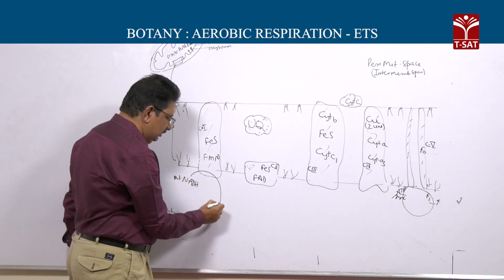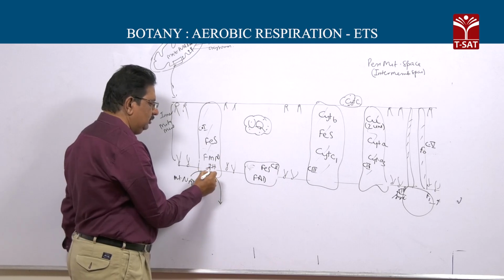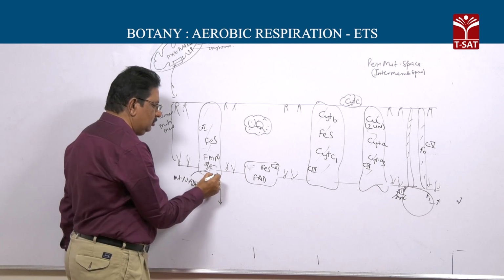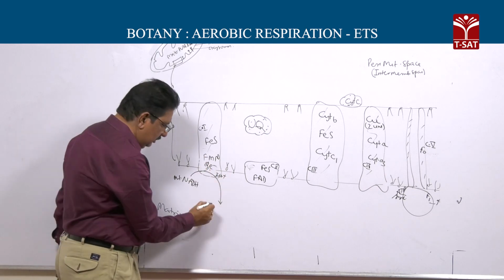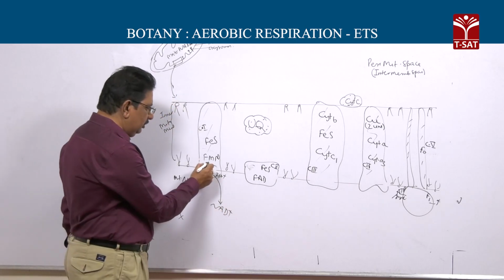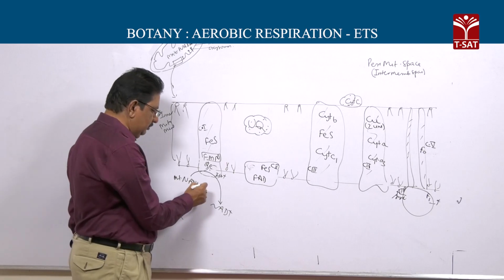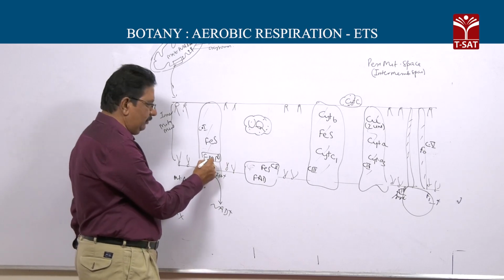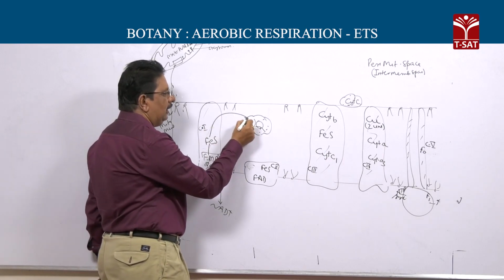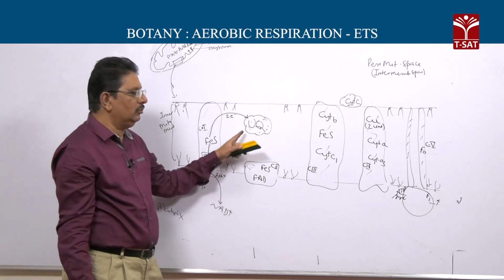It is oxidized by losing 2 electrons and also 2 protons and converts into NAD+. These electrons from NADH plus H plus transfer to FMN, move to the iron sulfur component and finally transfer to ubiquinone.